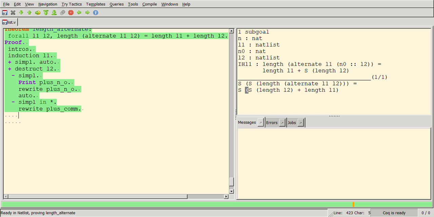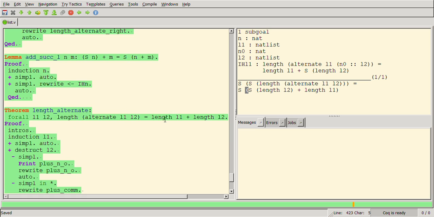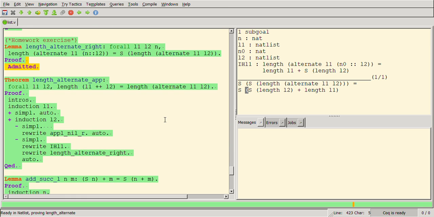Now I rewrite with the length alternate append lemma that we have here: length alternate and then two lists.